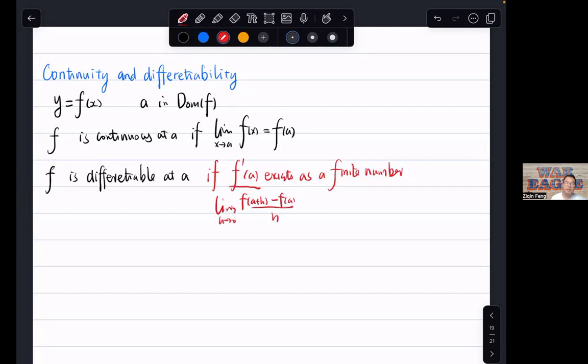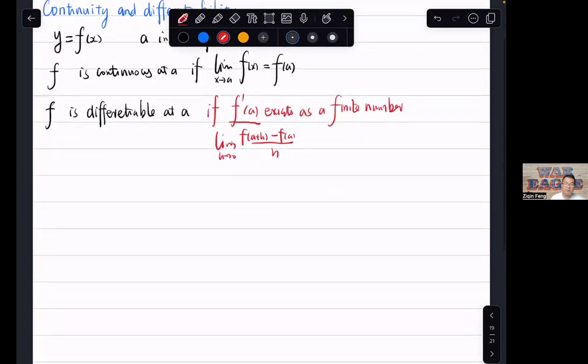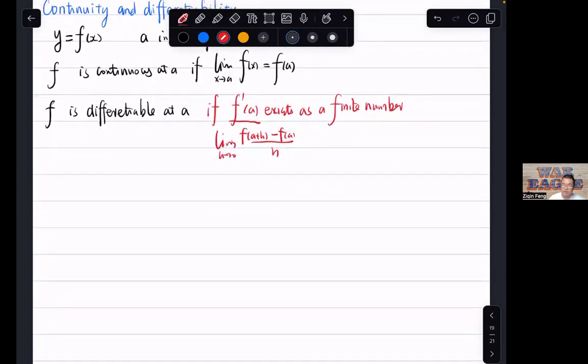So let's compare them first. Then we will give an example of a function that may not be differentiable. Let's write down this fact: being differentiable is stronger than being continuous.